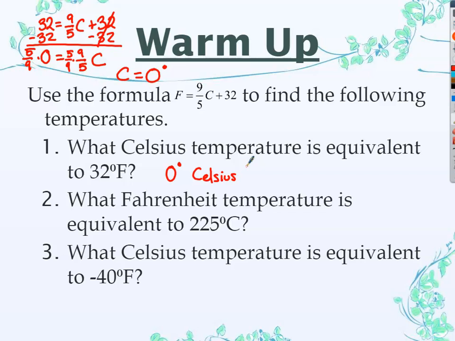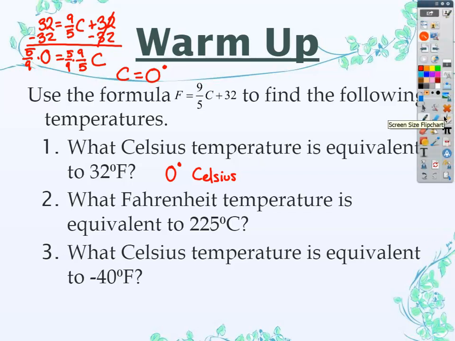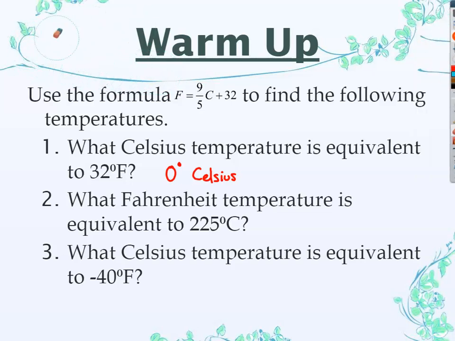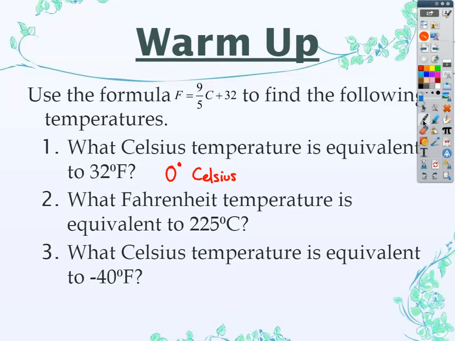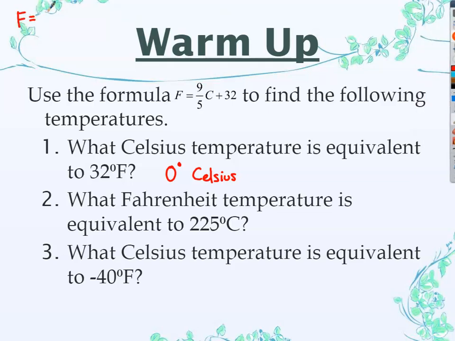All right. So now I know that my degrees Celsius is 225, and I'm going to go ahead and plug that in for C, and then we're solving for F. All right, so again, I'm going to go ahead and use that upper left-hand corner for that. So let's do it. We want to solve for Fahrenheit, which is F, and that is equal to 9/5 times C, which in this case is 225.